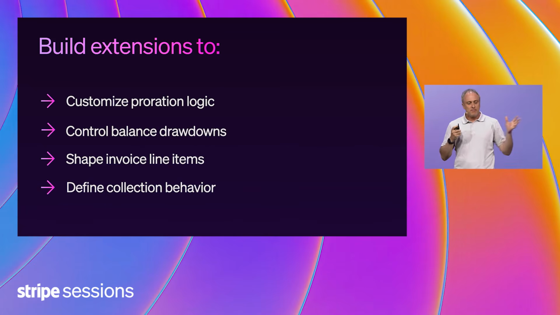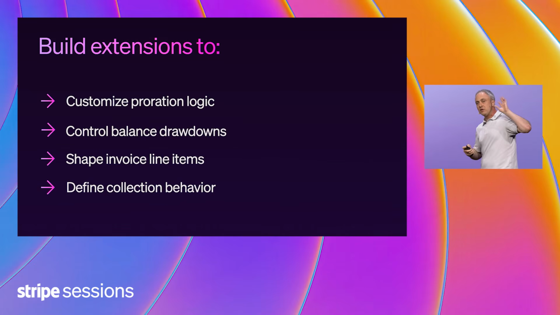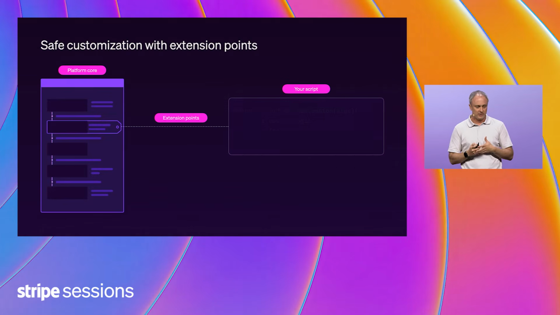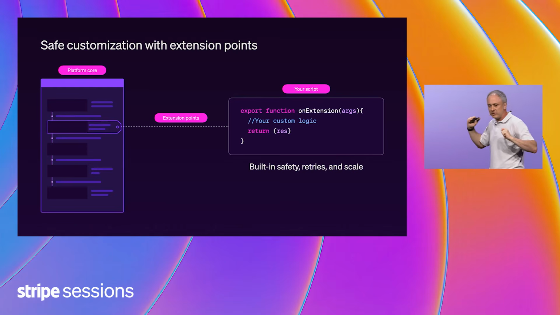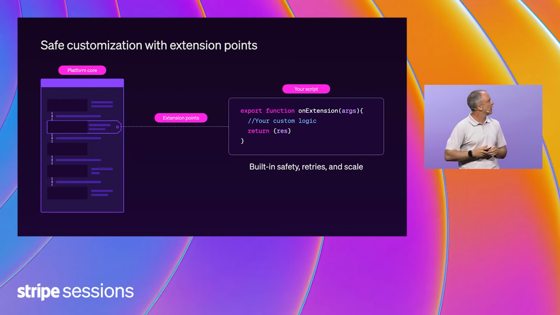And each of these new extension ideas maps to a brand new thing that we're calling extension points. Now, this is not a new model. If ever you've built a system with hooks or plugins, things like WordPress or Drupal or GitHub Actions, then you should be familiar with this, right? You have a core platform that opens up specific extension points.